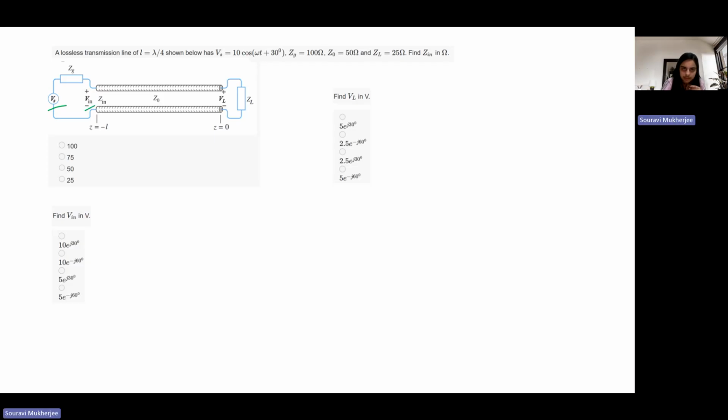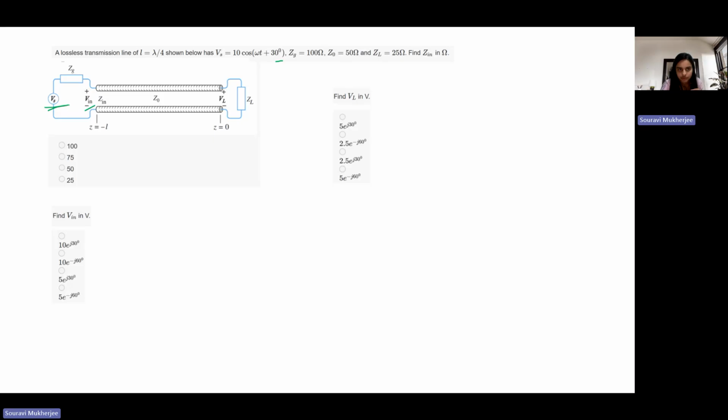So if you write this as 10 e to the power j30, the same j30 phase should also come in the V in. To find the amplitude, you use the typical idea of voltage division, how voltage gets divided between different resistors in a circuit. That's all. And the phase is the same as the source.